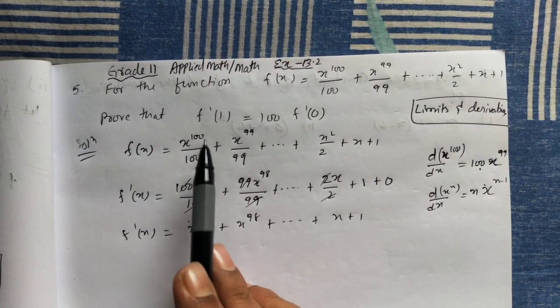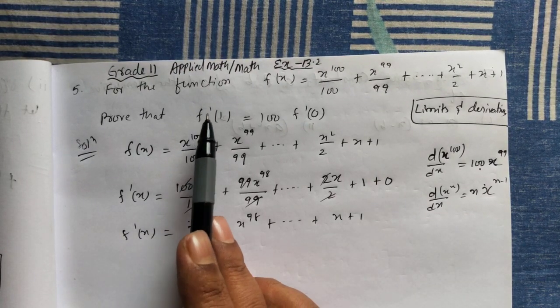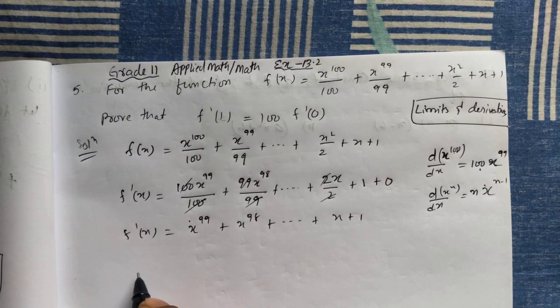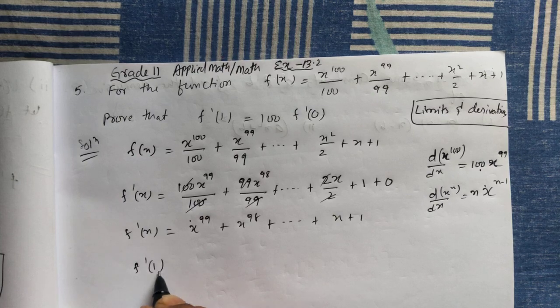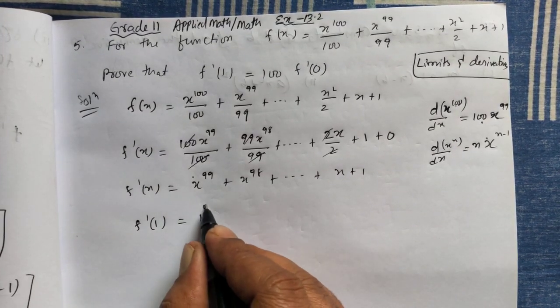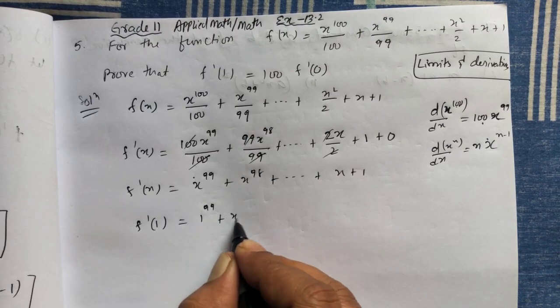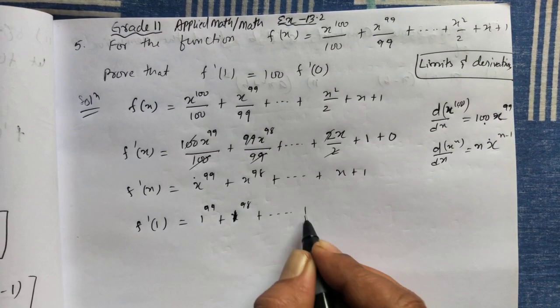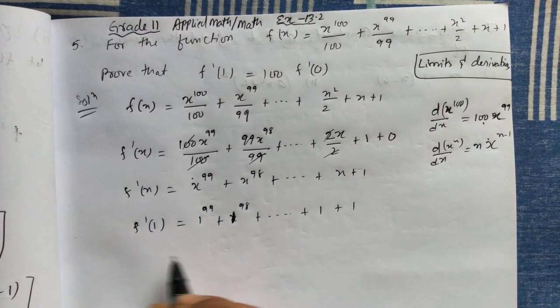Now your question is to prove that f dash 1 is equal to 100 f dash 0. So let us find f dash 1. That means in place of x, we'll put 1. 1 to the power 99 plus 1 to the power 98 plus and so on, plus 1 plus 1.